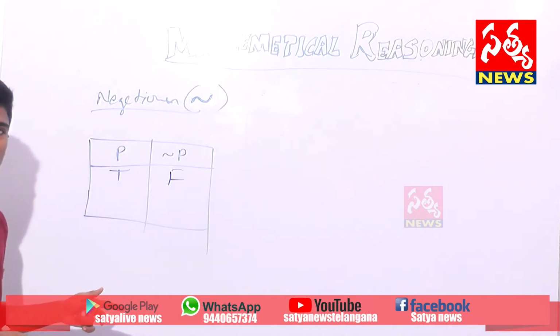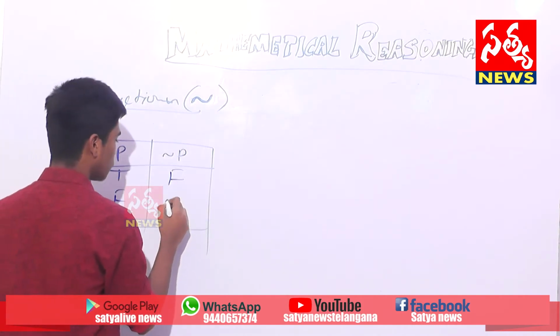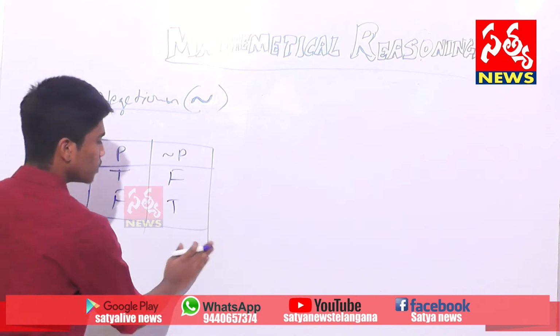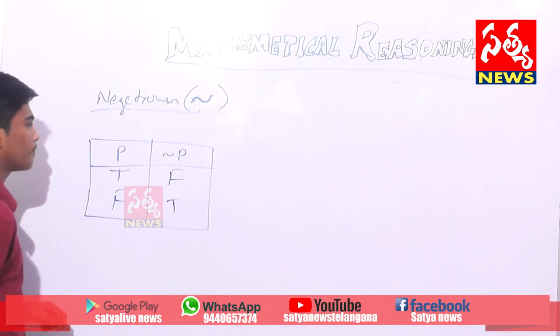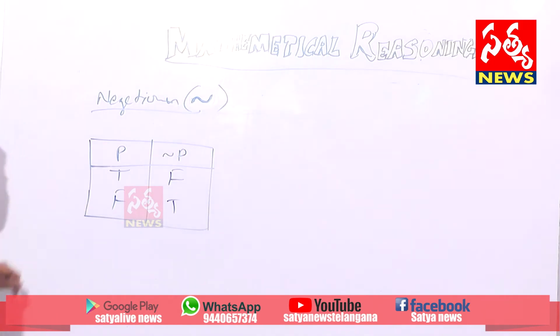Negation means the reverse, right? If P is false, then negation P is true. This is a small table which you can remember easily. So this is negation.